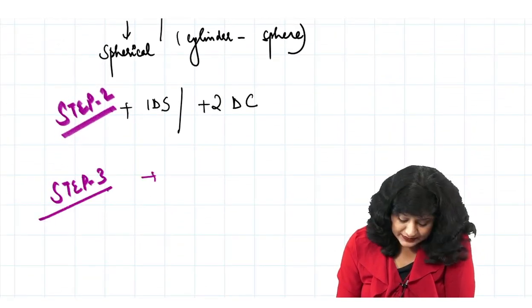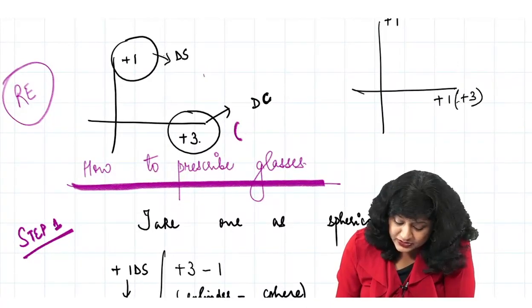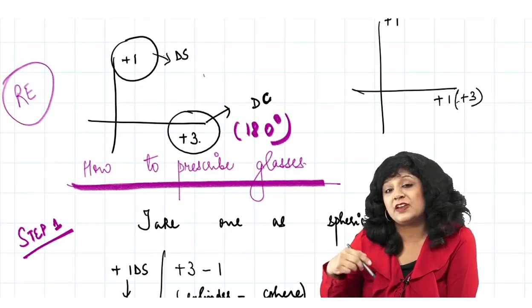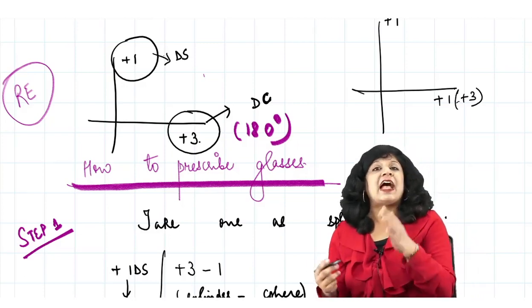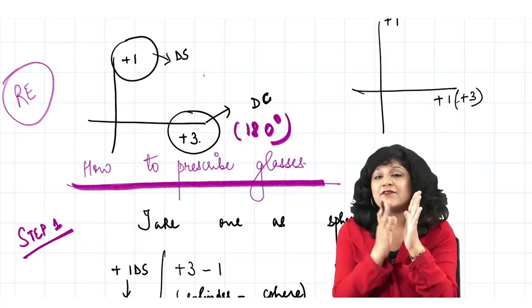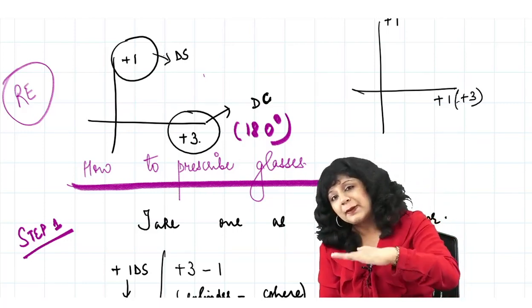Step number 3 is the axis. Because you want to give this plus 3 at 180 degrees, the cylindrical correction has to be given at 180. So you have to give it at the perpendicular plane, because the power of the cylinder always acts at a perpendicular plane.